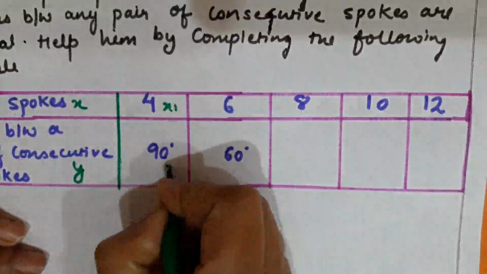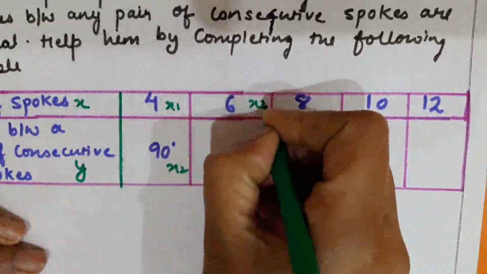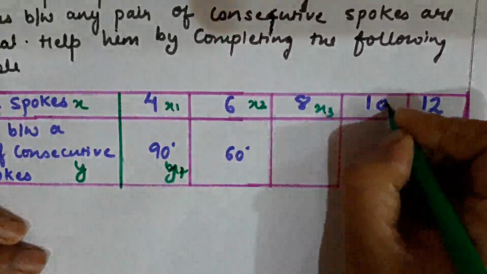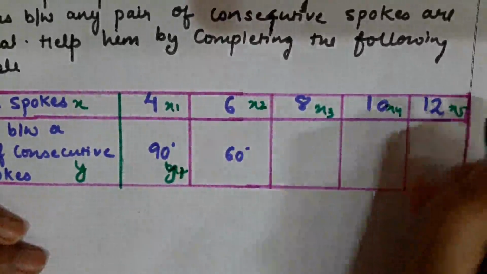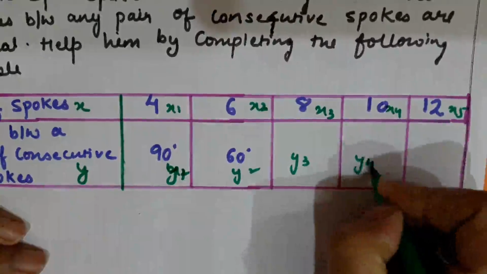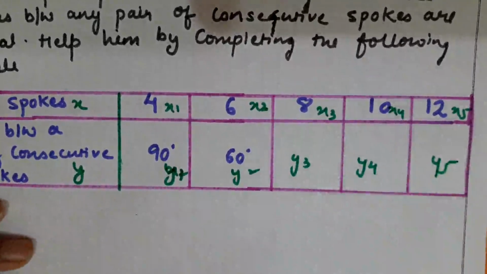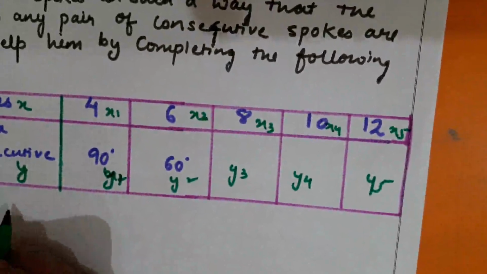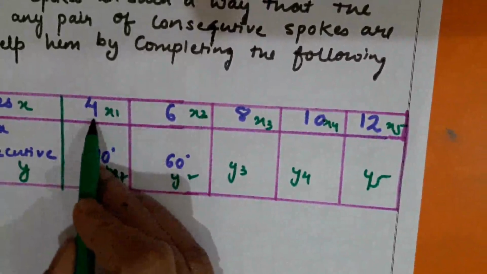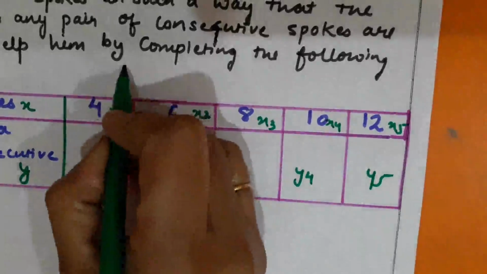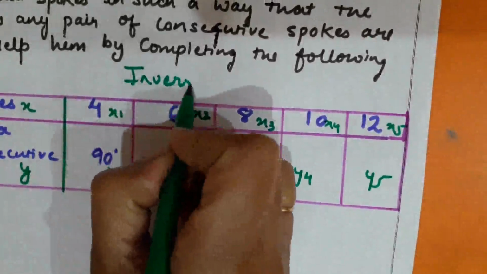So this is x1, x2, x3, x4, x5, then y1, y2, y3, y4, y5. So in this way I have already made the angles. See, as the spokes are increasing, the angle should decrease. So this is a question of inverse proportion.